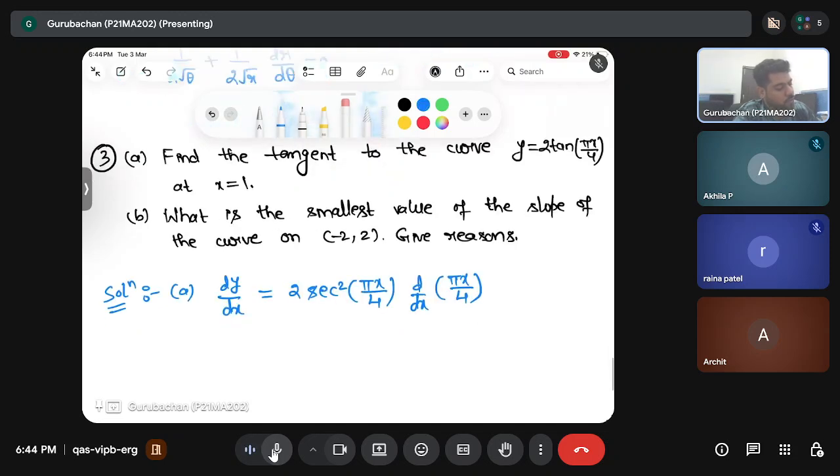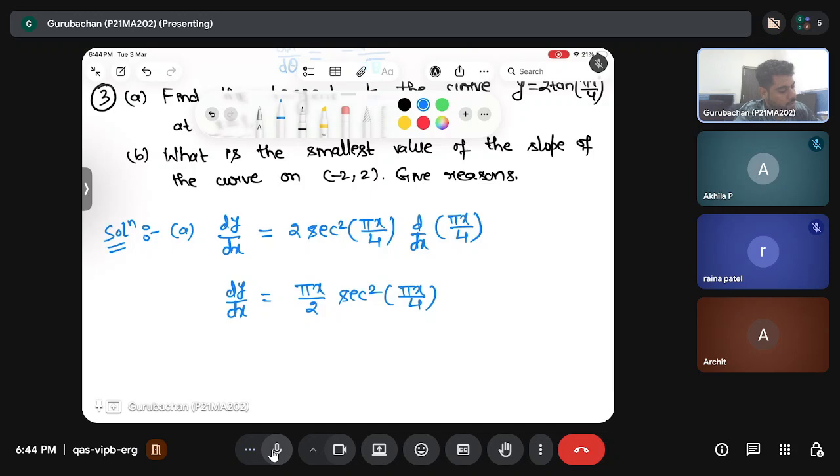So this will give you dy by dx, pi x by 2 secant square of pi x by 4. So dy by dx. Sir, pi by 2. Sir, not pi x by 2. Pi by 2, sir. Only the constant will come out.